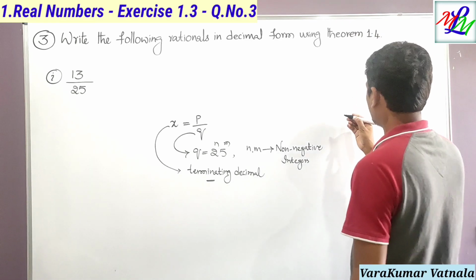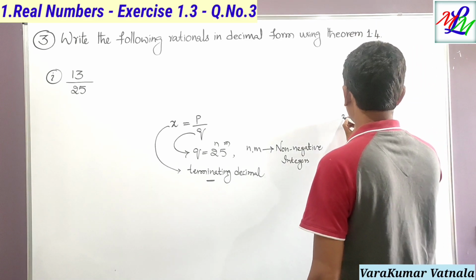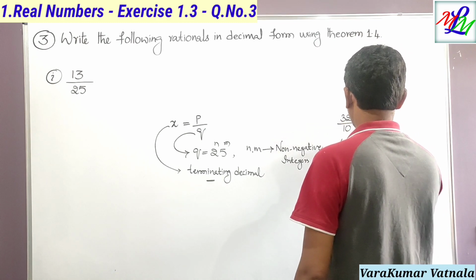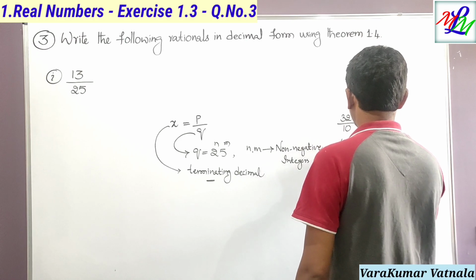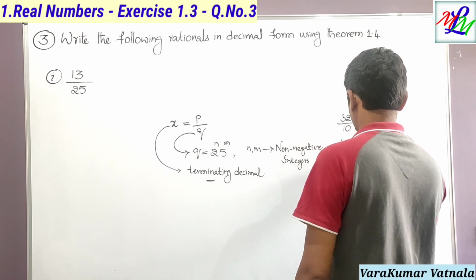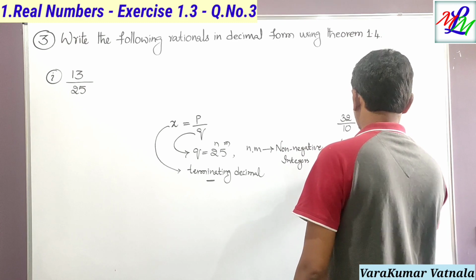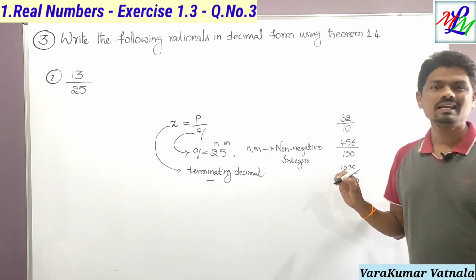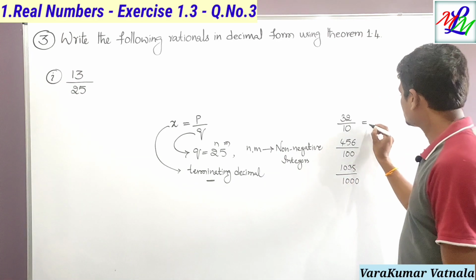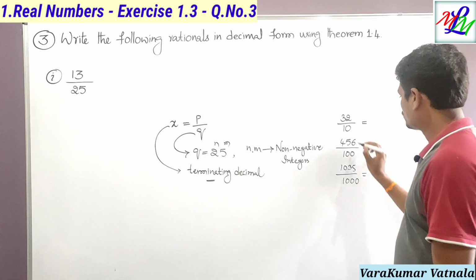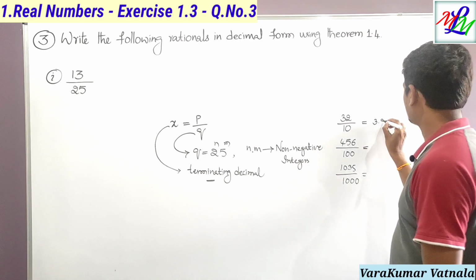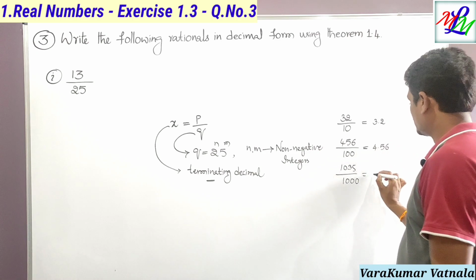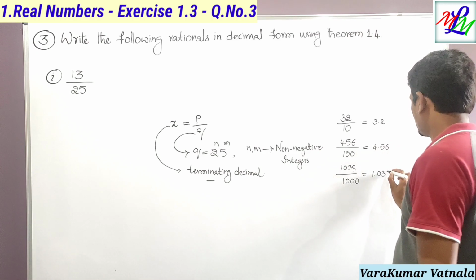If we have multiples of 10 in the denominator, it is very easy to write in decimal form. Suppose I write 32 divided by 10, 456 divided by 100, and 1035 divided by 1000. All these denominators are multiples of 10, so it is very easy to write: 3.2, 4.56, and 1.035.